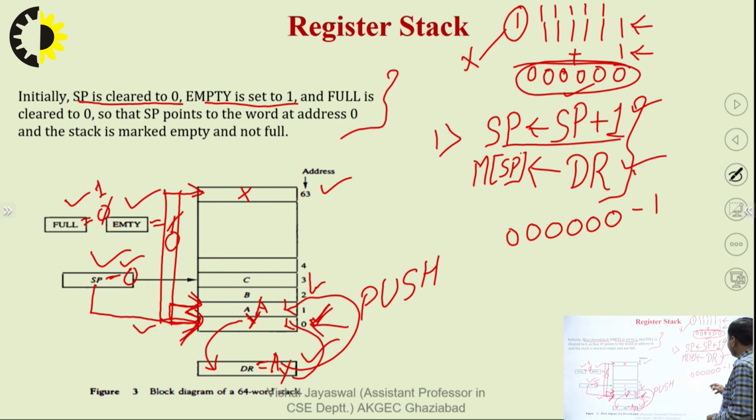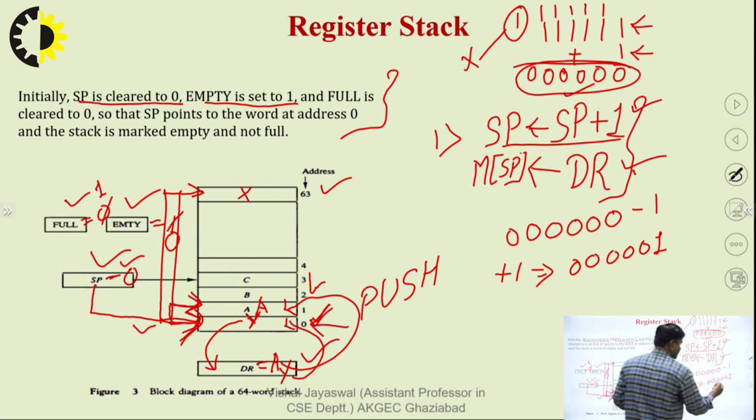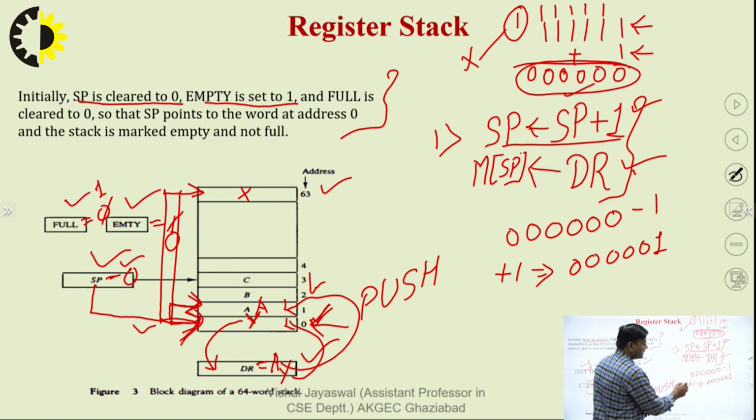So we first write plus 1, that is 0, 0, 0, 0, 0, 1. This is the 6-bit representation of plus 1. Then after that we take the 2's complement.